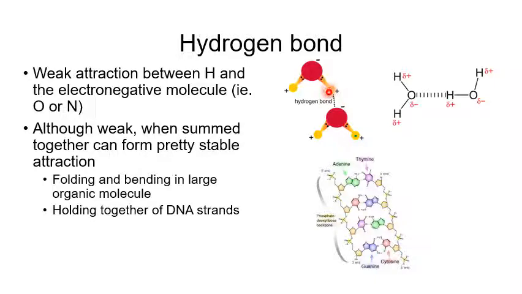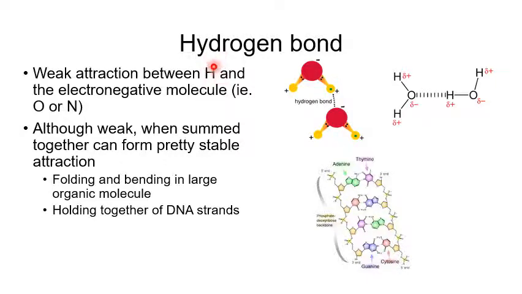Therefore, this hydrogen portion of the molecule has a positive pull. And in water, we've got millions and millions of water molecules. How they line up is that the negative pull of one molecule is attracted to the positive pull of another molecule. So this is what we're going to see in hydrogen bonding.